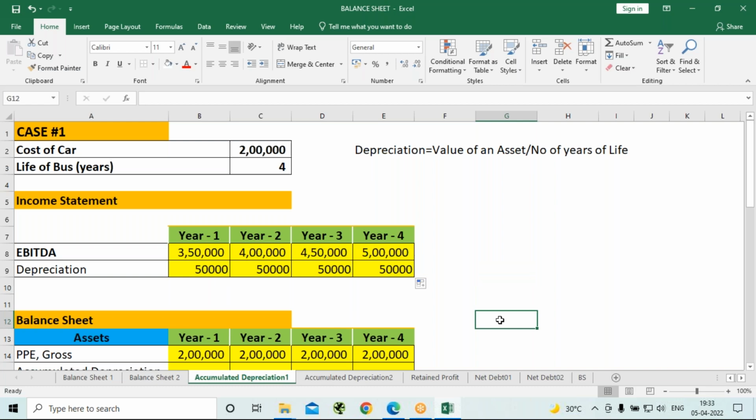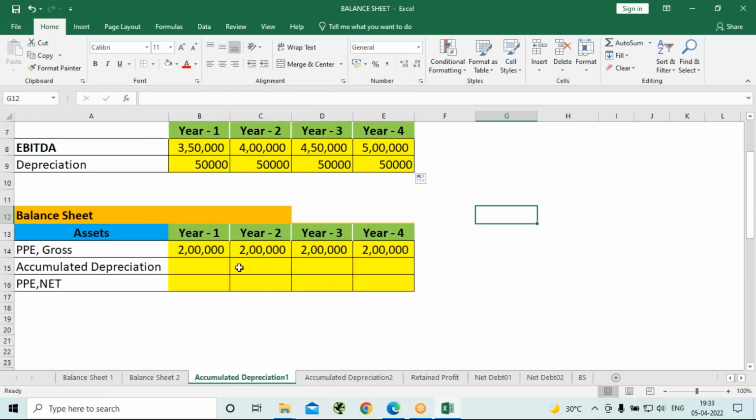If you calculate the same thing in the balance sheet, the depreciation is considered as accumulated depreciation. What does accumulated depreciation mean? You calculate the depreciation for the first year based on the formula: value of an asset divided by the number of years of lifespan.